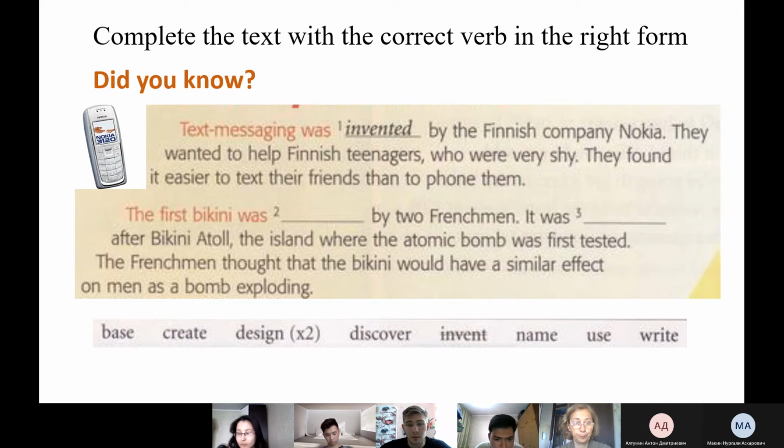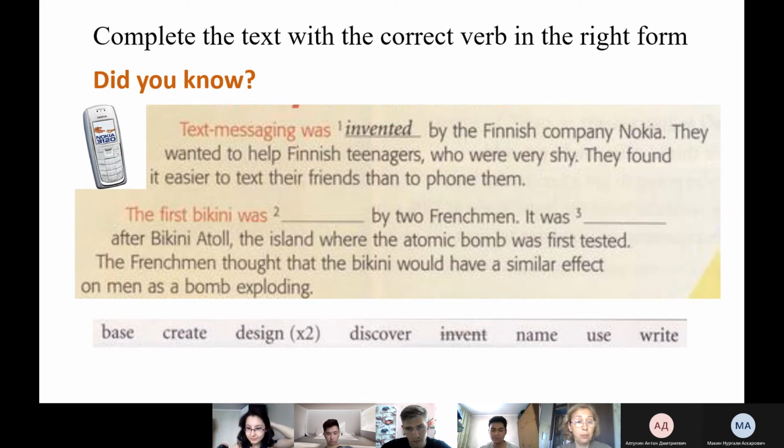The Frenchmen thought that the bikini would have a similar effect on men as the bomb exploding. Yes, то есть атолл Бикини, на котором французы проводили испытания атомной бомбы. И вот такой же эффект произвело изобретение вот этих костюмов, да, минимальных костюмов на мужчин в данном случае.